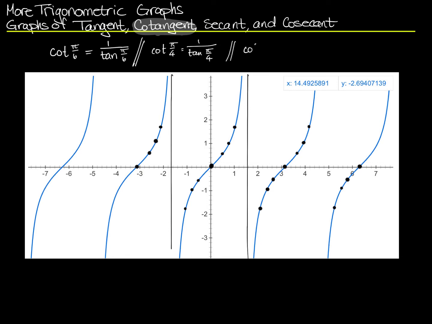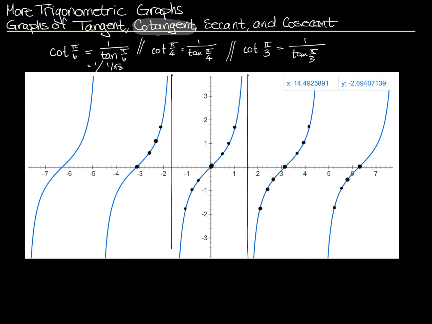And the cotangent of pi over 3 is equal to 1 over the tangent of pi over 3. Okay, now I'm going to cheat because I know that the tangent of pi over 6 is 1 over the square root of 3.